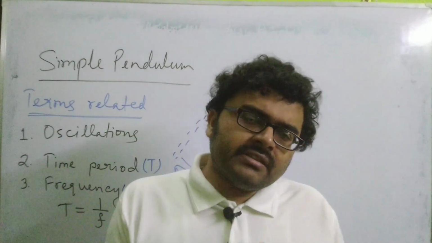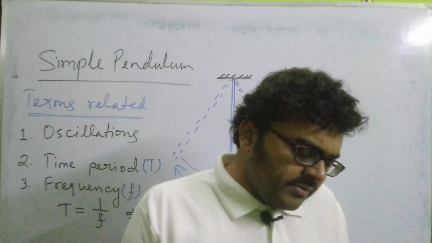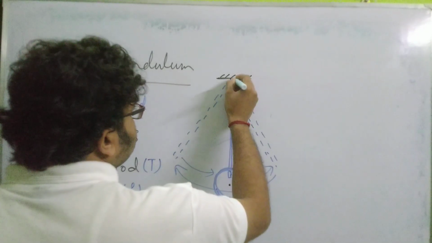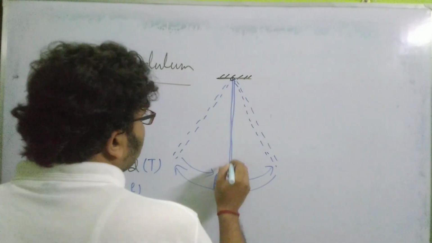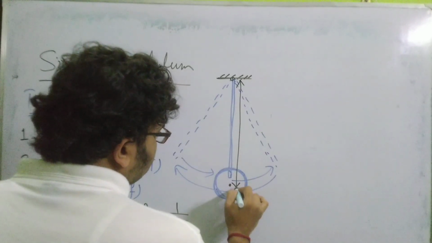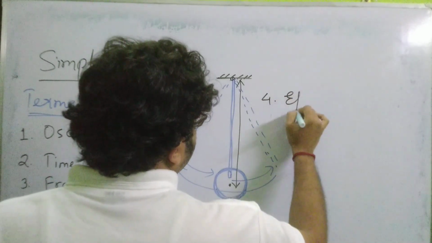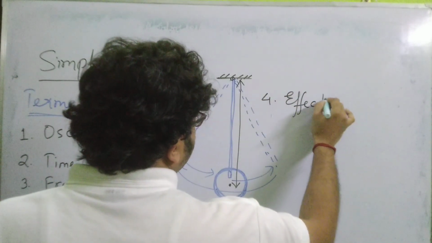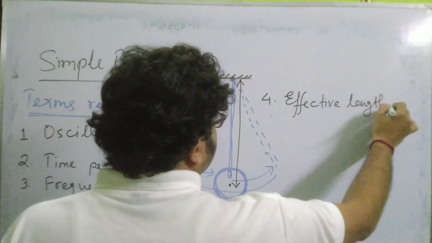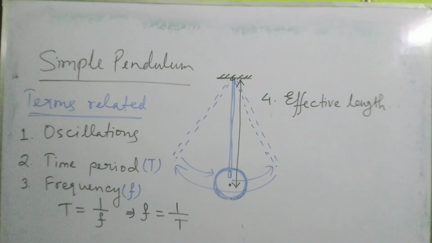Now, the effective length is basically the length from the point of suspension to this center of gravity of the bob. This length is called the effective length. So the fourth term is the effective length: the distance between the point of suspension and the center of gravity of the bob.